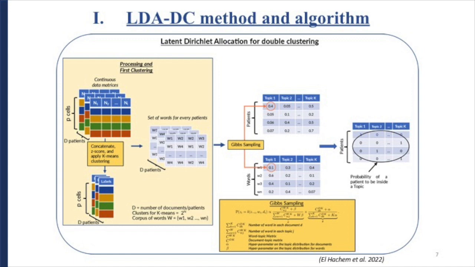The method of the LDADC, as I told you previously, is that we have different matrices of data where we have cells as rows and markers as columns. By regrouping these matrices, we can concatenate them, apply the Z-score and K-means clustering, and identify labels for each cell. At the end, we obtain a bag of words for every patient.